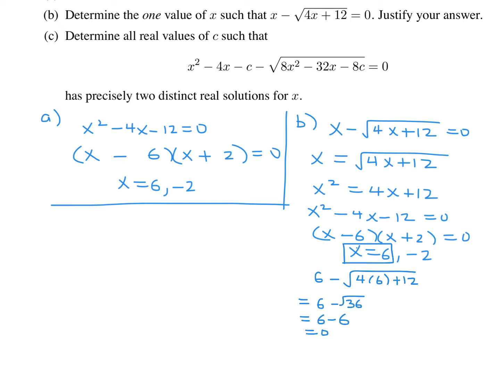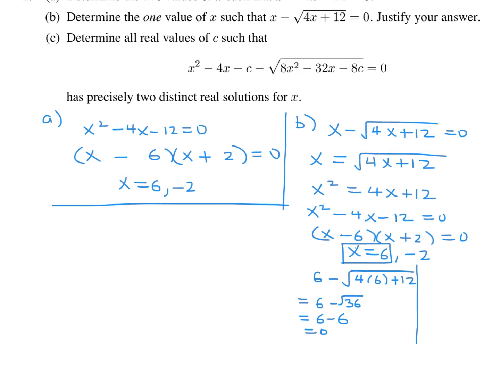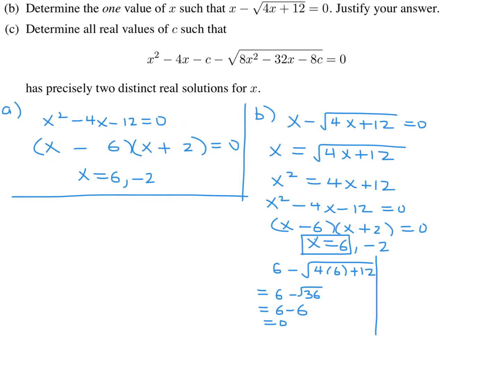Now let's try x equals negative 2. Let's see what happens. So if x is equal to negative 2, what is the scenario? So we have x is minus 2 this time. We're testing this. So minus 2 minus the square root of 4 times minus 2 plus 12. And then that would be minus 2 minus the square root of negative 8 plus 12, which is 4.